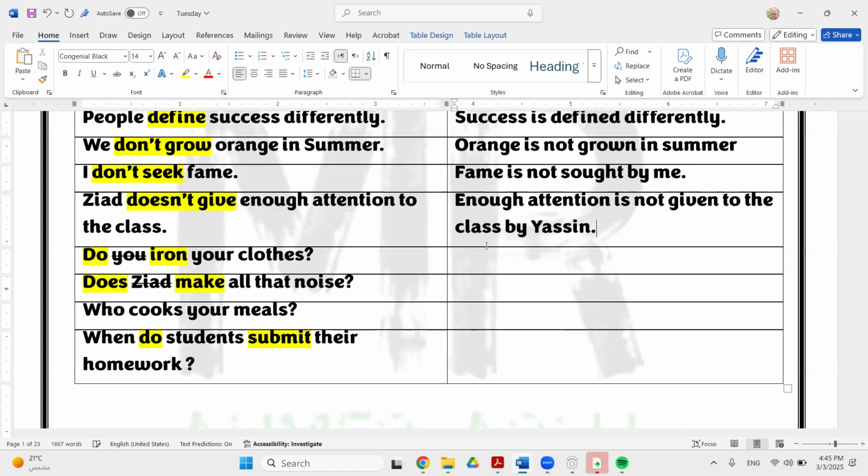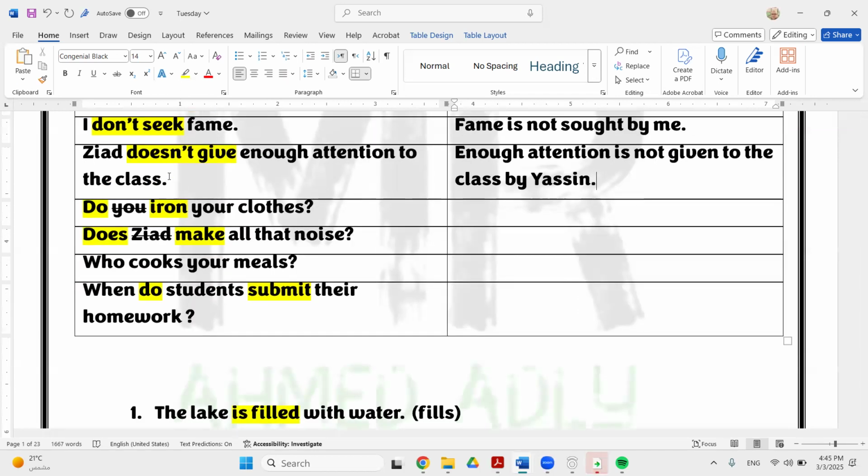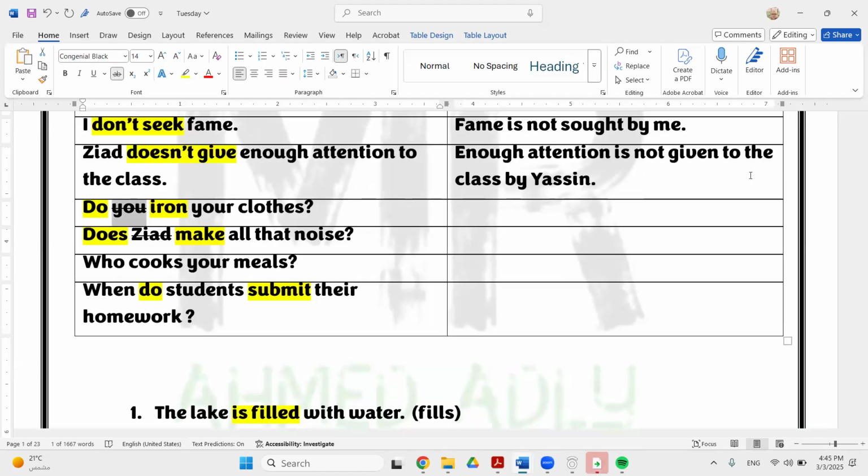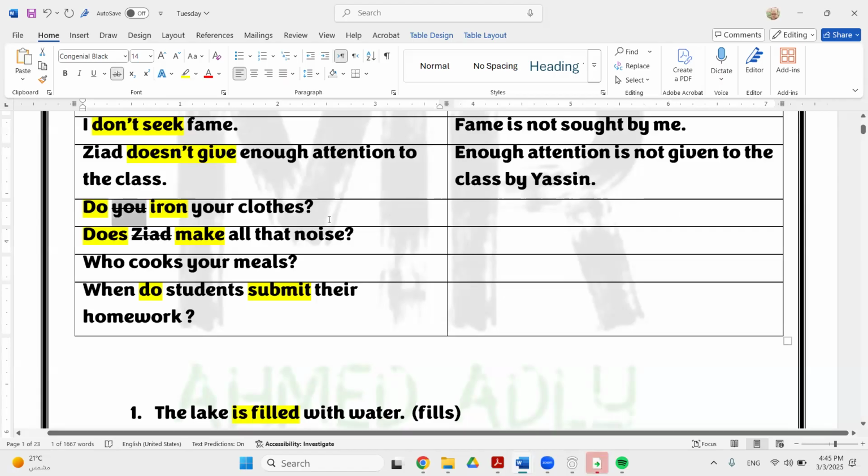طيب لا ممكن ازاي نحول questions. Do you iron your clothes? انت عارفة في الactive we use do and does in questions. بس هنا replace them with verb to be after we replace the subject. مين فاكر؟ عبد الرحمن فرحات. Do you iron your clothes?